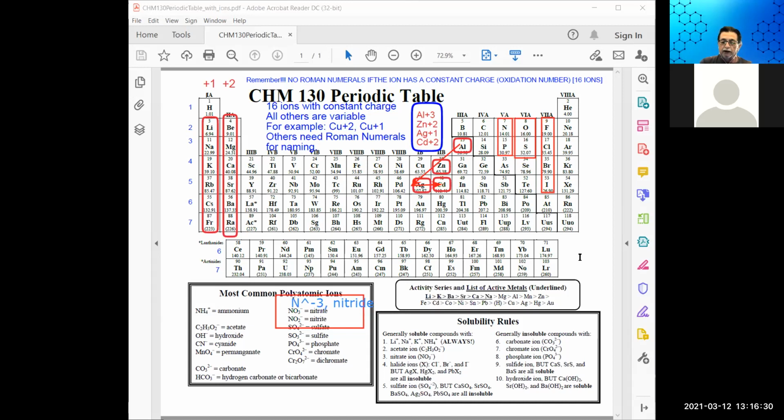And for all of the anions, the IDE ending tells you I'm dealing with the single element. The IDE is a single element. Again, if I start sticking in the ATE and the ITE, we're dealing with that element, but with oxygens, creating polyatomic ions. Okay, so 100% of the time, those are the sweet 16.